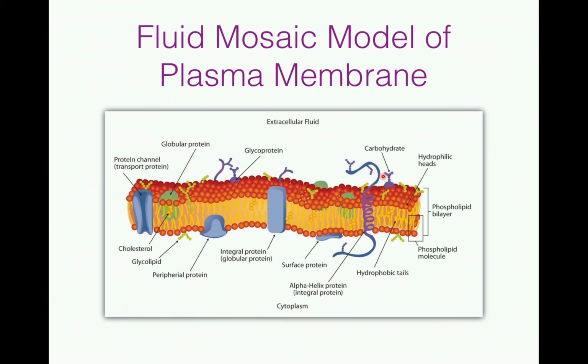Now carbohydrate molecules, especially oligosaccharides, are associated with the outer surface of plasma membrane. These either form glycolipids when they are associated with phospholipid molecules. Here I will show. There are also glycoproteins.